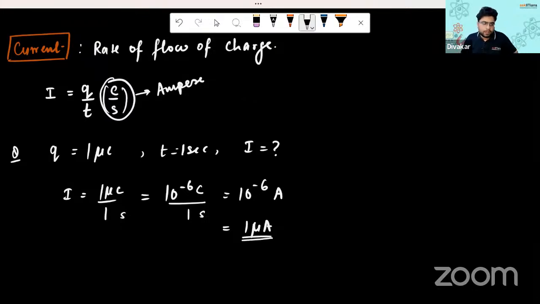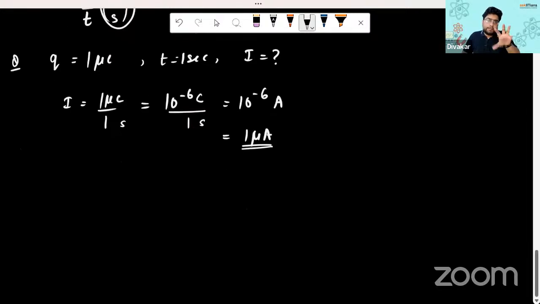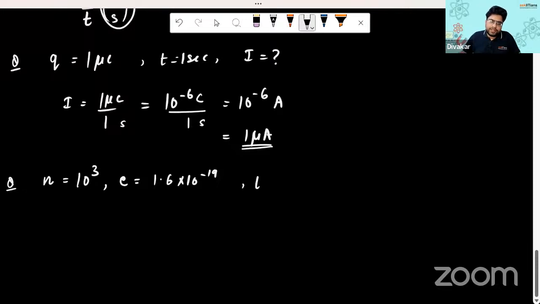Simple. Now, sometimes they play around with this a little bit. They will say that the number of charge particles that are moving is 10 to the power 3. And then they say the charge on an electron is 1.6 into 10 raised to the power minus 19. And this happens in, let's say, 1 microsecond.